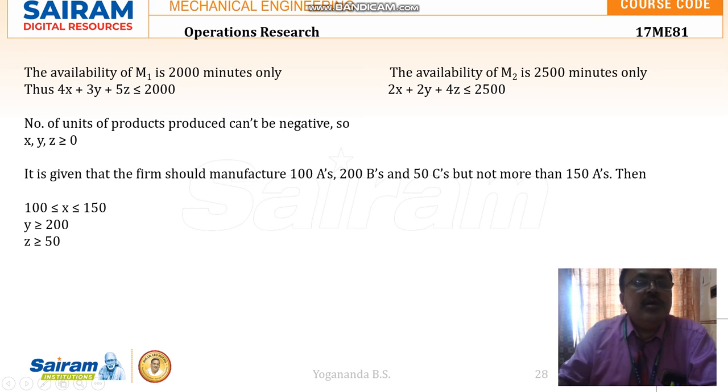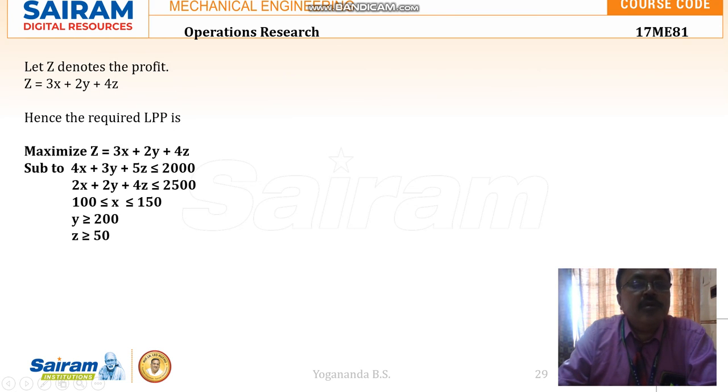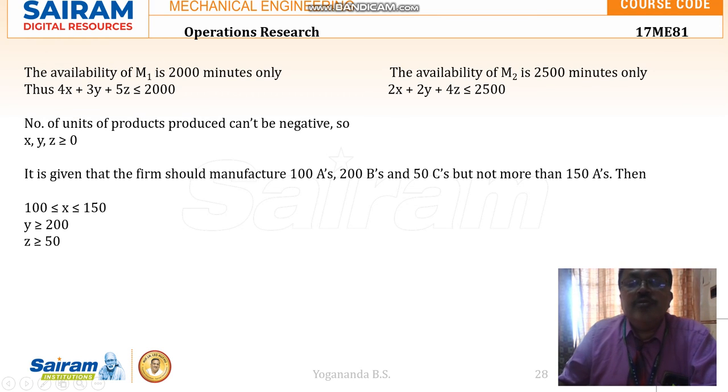The availability of machine hours on M1 is formulated here: 4X plus 3Y plus 5Z less than or equal to 2000. Similarly, the next constraint on machine M2 is 2X plus 2Y plus 4Z less than or equal to 2500.